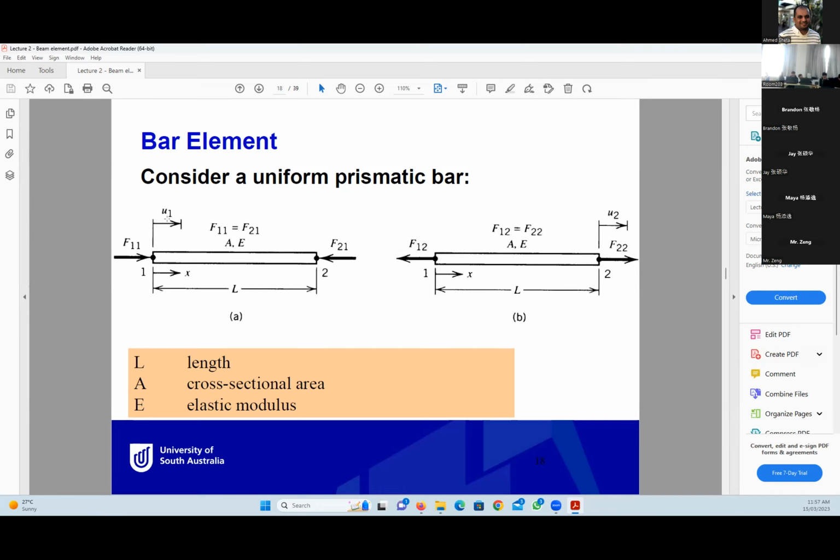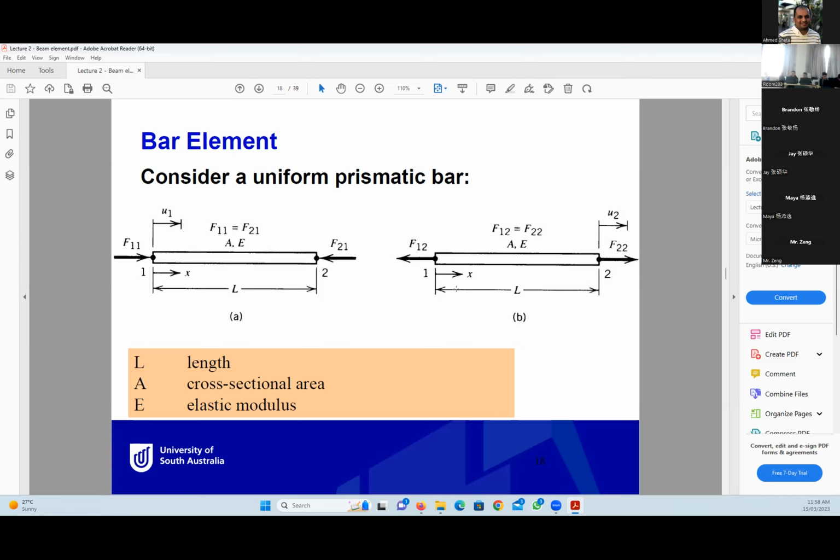Because U1 is pushing to the right, which is the positive direction, F11 and F21 cause compression. That's why the forces go into the element. For U2, it is also in the positive direction, and U2 is pulling, causing pulling forces F12 and F22. Okay, so these are the conditions we have to find the forces.